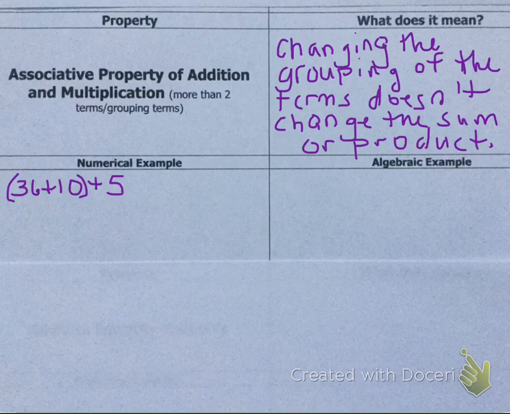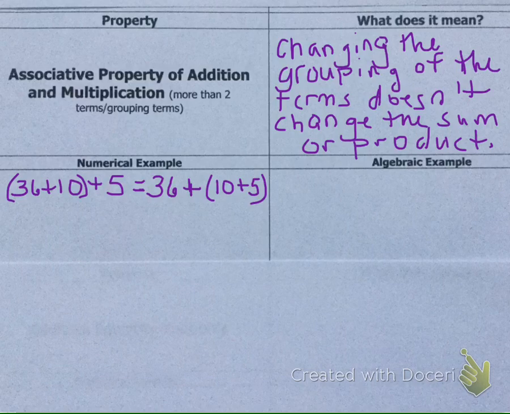But since it's all addition, I could use the associative property of addition, and instead of doing 36 plus 10 first, I could add 10 plus 5 first, and then add that to 36 if I wanted to.